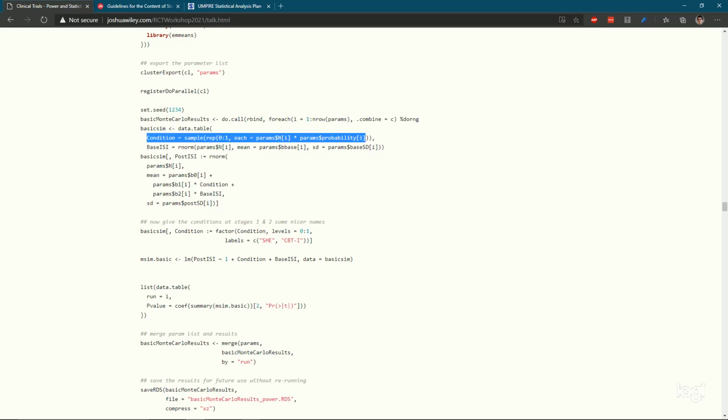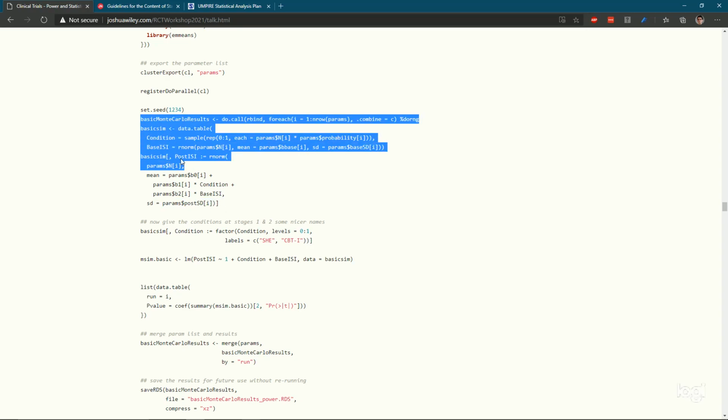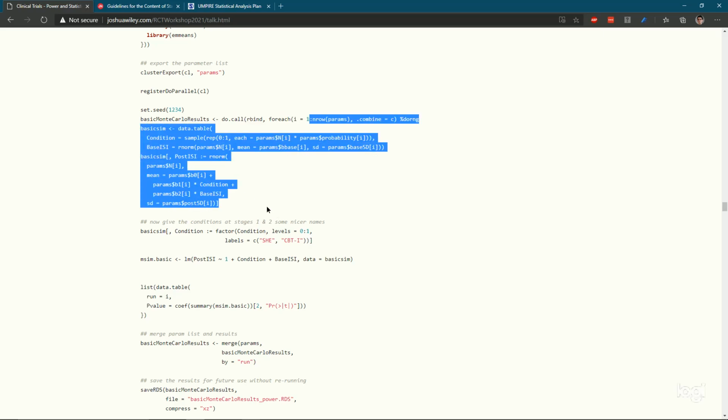Remember, I've already generated zeros and ones for the condition, plus the slope times the baseline ISI values. I've already generated random baseline ISI values that have the mean and standard deviation that I wanted. And the standard deviation of these random normal values should be the post-ISI standard deviation. So now this bit of code has generated my baseline ISI, my condition, and my post-ISI.